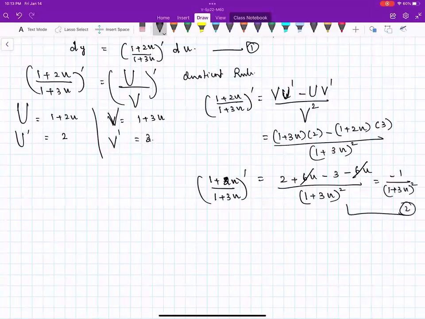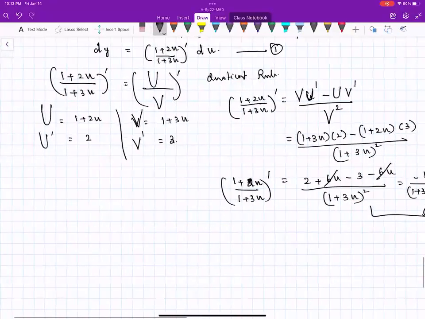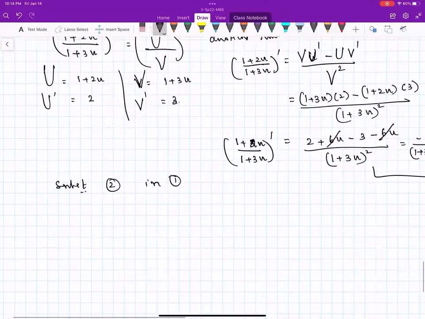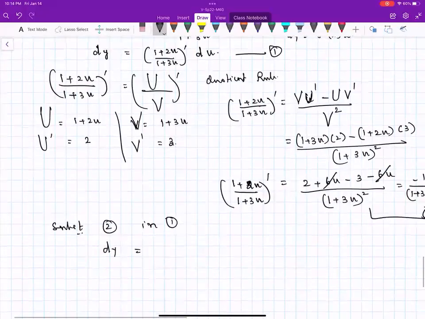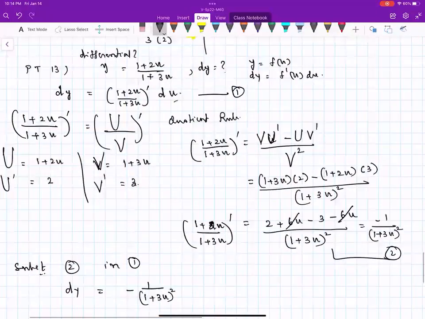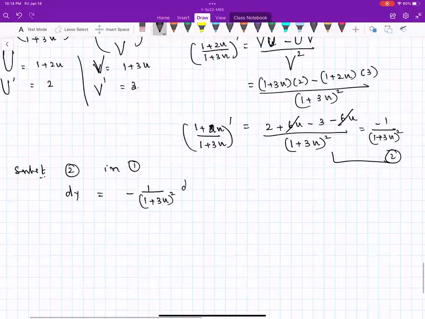If we call this step 2, we substitute 2 into 1. We get dy equal to the derivative, which we got here as negative 1 over 1 plus 3u, the whole squared, followed by du. That is the differential.